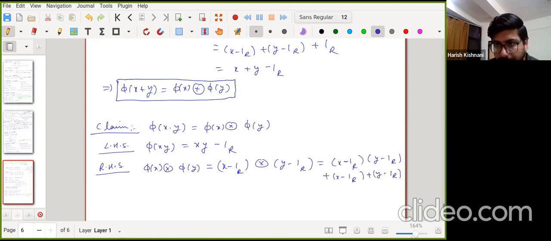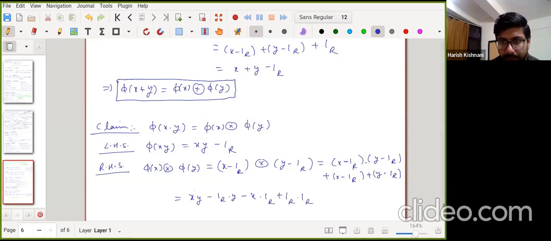Here this multiplication is in the original ring, so we can just open it directly. So we have xy minus identity of R dot y minus x dot identity of R plus identity of R dot identity of R.